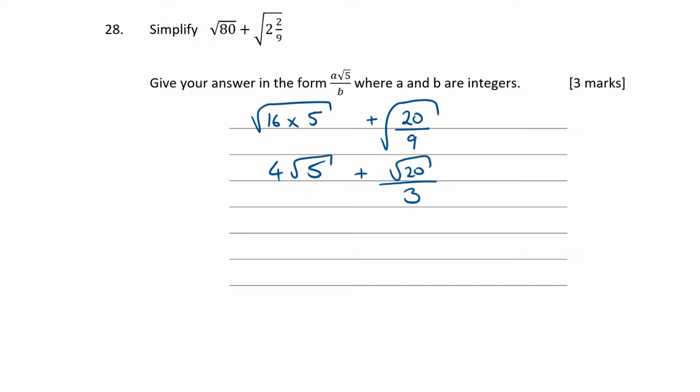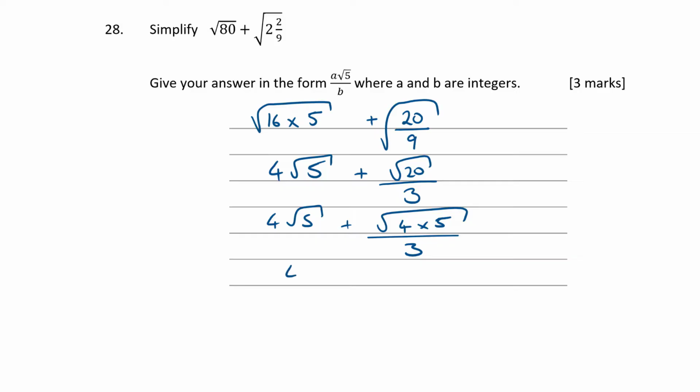Okay, now 20 I can make to be 4 times 5, can't I? So if I leave that one for now, 4 root 5 plus the root of 4 times 5 instead of root 20. Then I can break that up into two separate square roots, and the square root of 4 is 2.